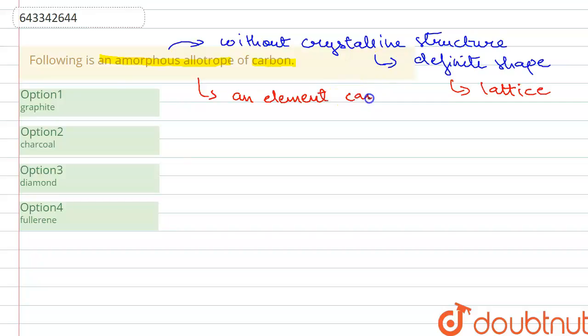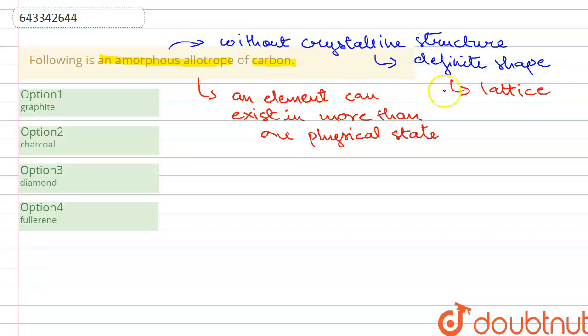All the properties of these allotropes are going to be the same, but the way they are present, their structure, is going to be different. That is the difference between the various allotropes of carbon.